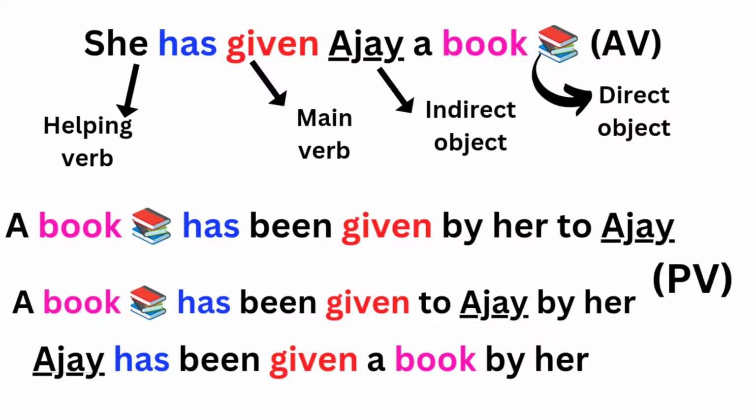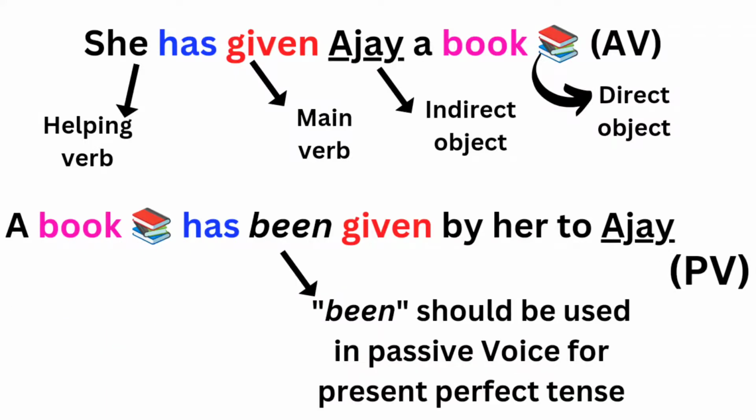I hope you can understand. Look at a passive voice sentence: A book has been given by her to Ajay, or a book has been given to Ajay by her. Been is a helping verb. We have already talked about helping verbs: am, is, are, was, were, be, been, being.